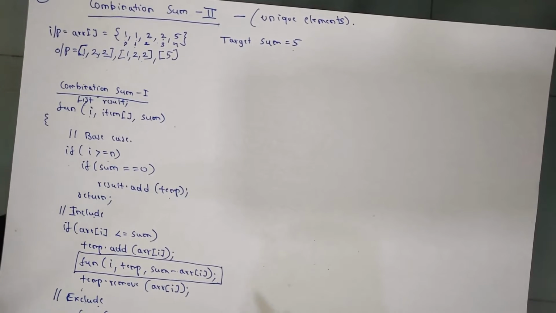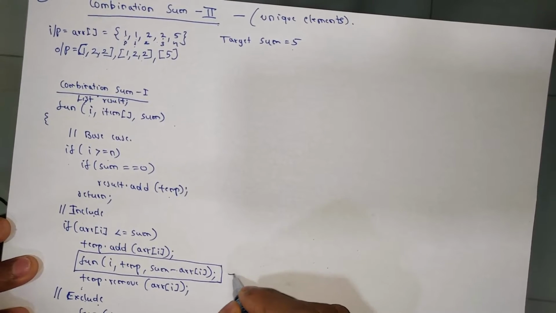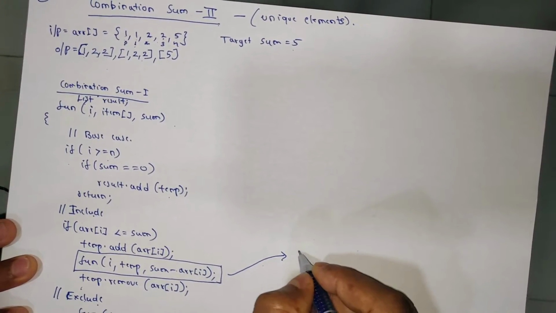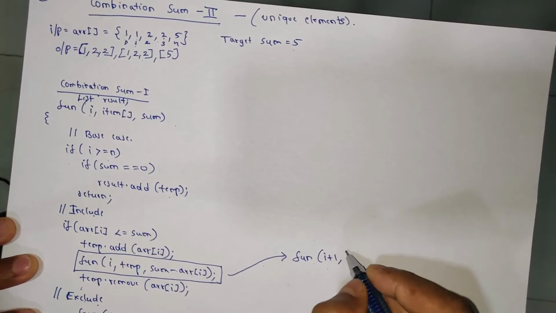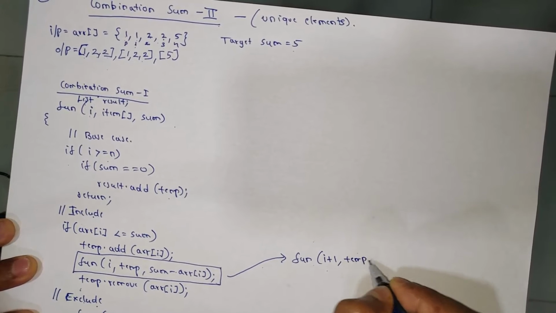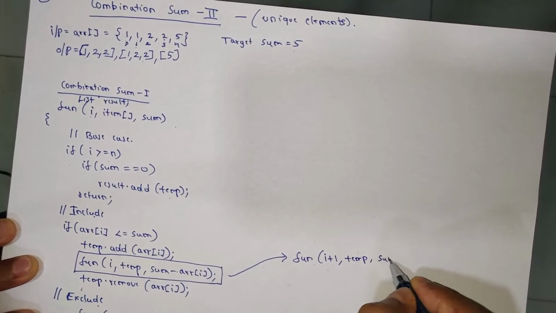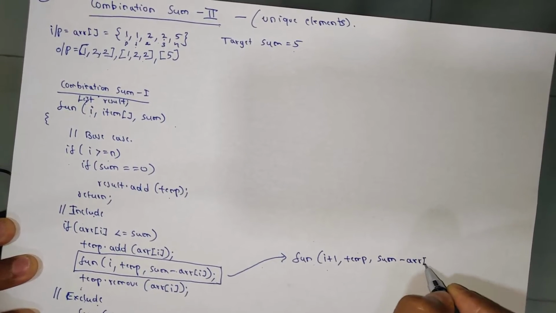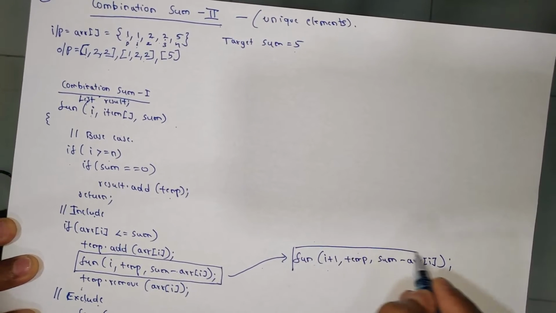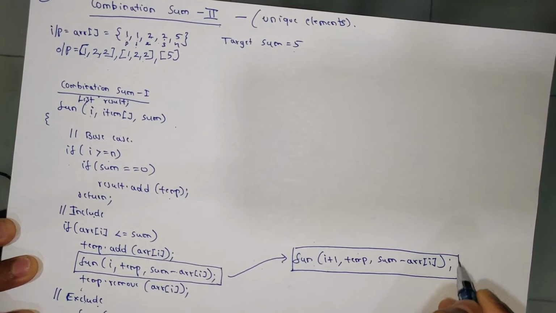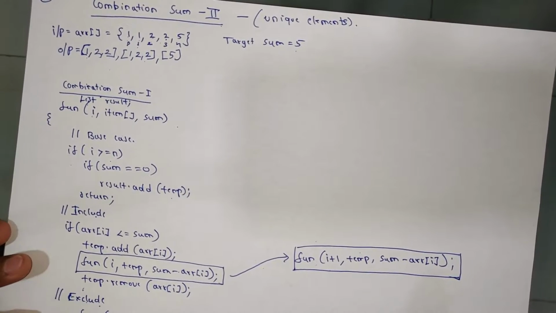So that's the change I have to make. This line will become: function I plus 1, temp, and this will be sum minus array of I, right? This is the change you have to make, and this part remains the same, no changes.